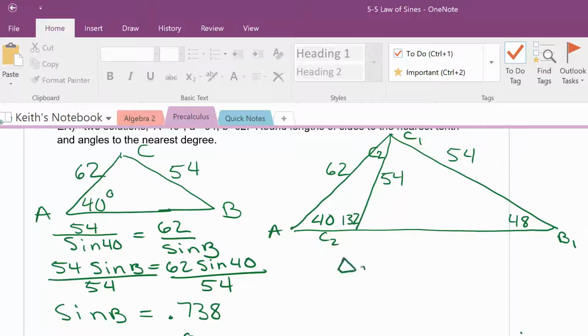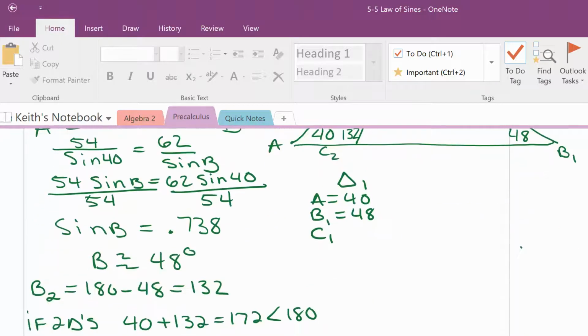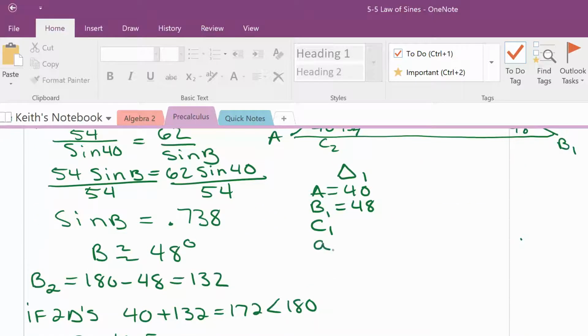So in triangle number 1, that's the big triangle, angle A is 40. Angle B sub 1 is 48. We're going to find C sub 1. Side A is 54. Side B is 62.